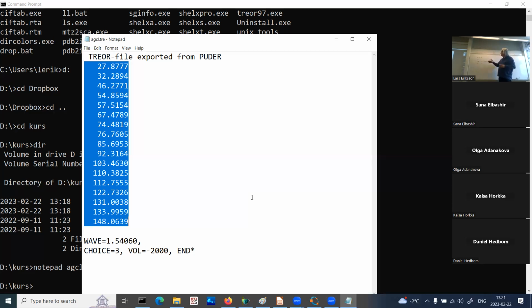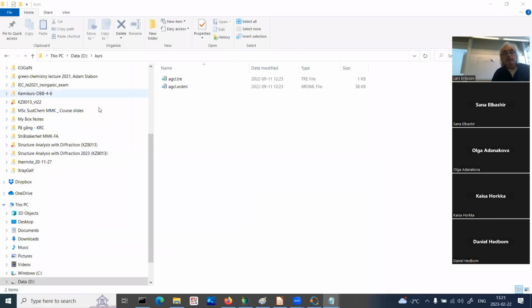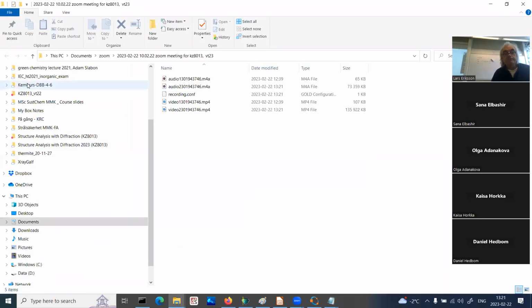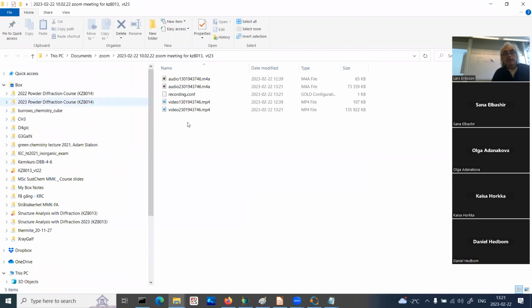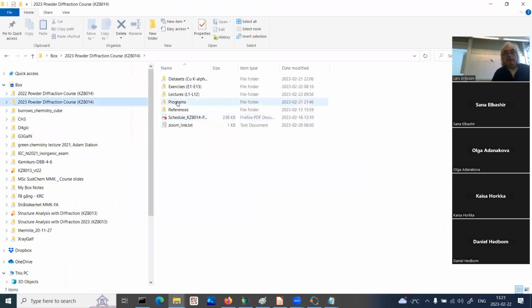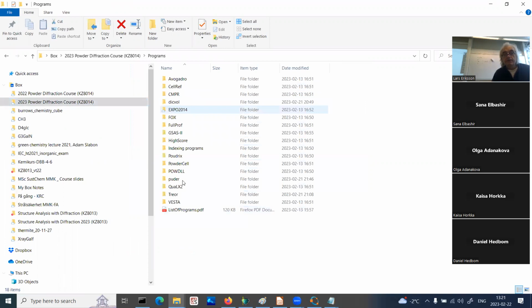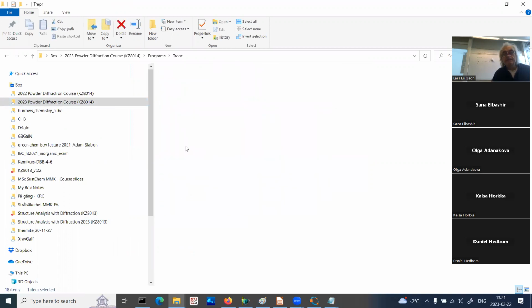If you want to check whether choice equals 3 is the correct value, there is only one way to do it, and that is going to the manual. It is available in programs and Treor. There it is.